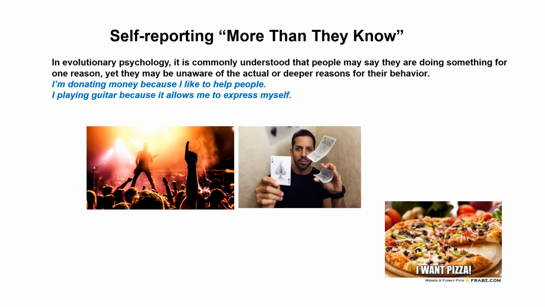Going back into evolutionary psychology, because I like to give examples from it, it's commonly understood that people may say they are doing something for one reason, yet they may be unaware of the actual deeper reasons for the behavior. An example is, I'm donating money because I like to help people.